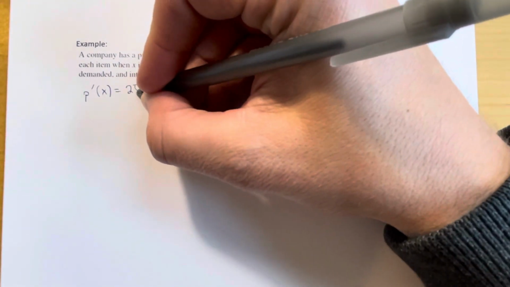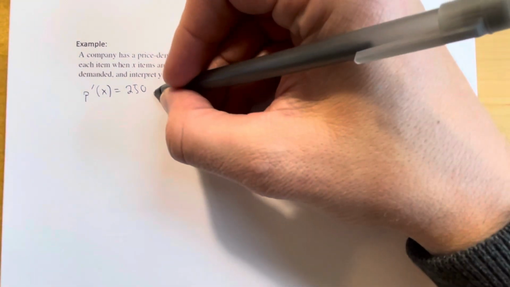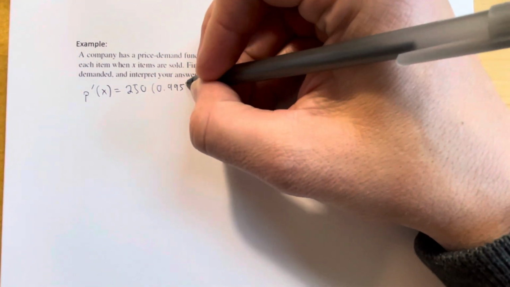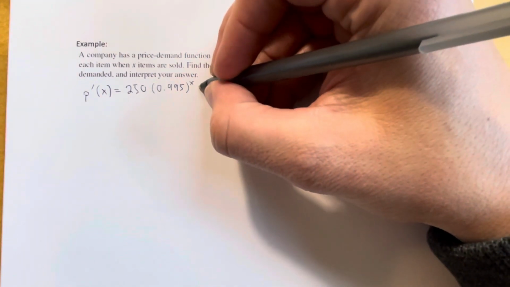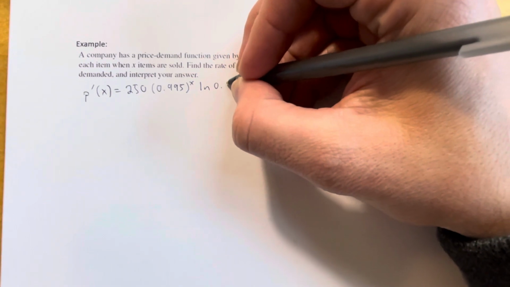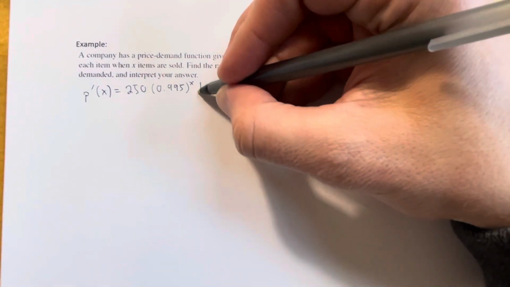So I'm going to get 250 times the derivative of this exponential function, which remember is itself 0.995 to the power of X, but then times the natural log of the base of that exponential, so 0.995, natural log of that.